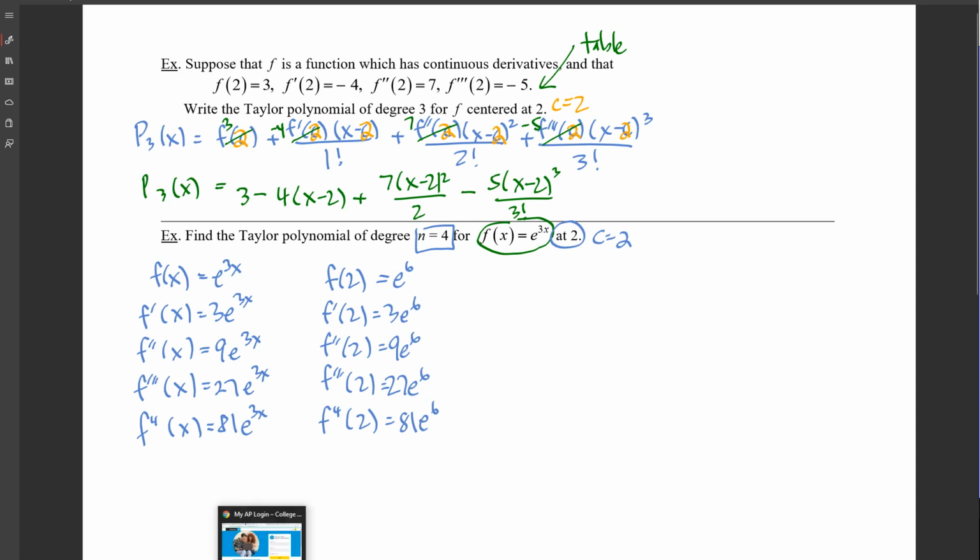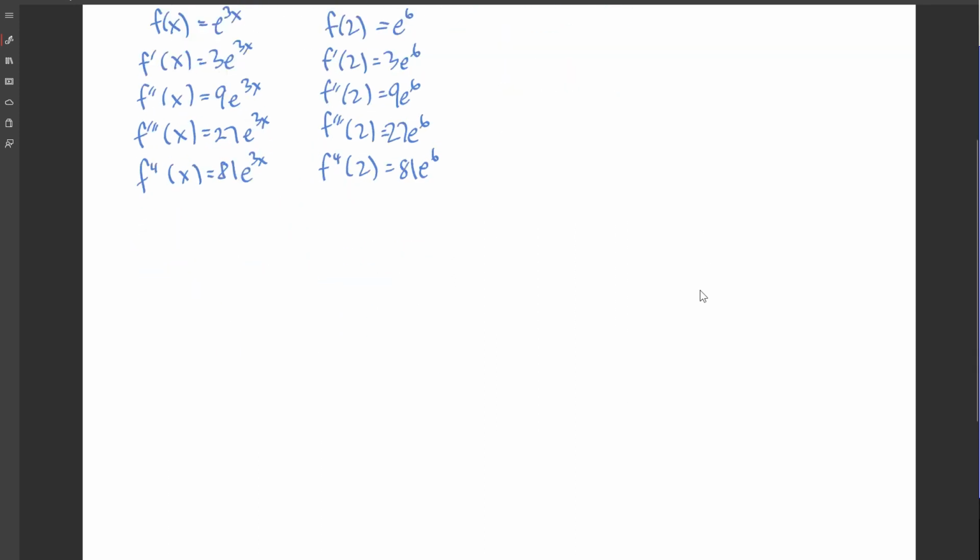So the Taylor series formula is, let me pull down my paper.